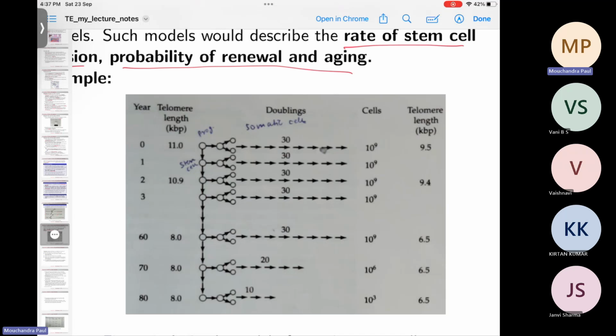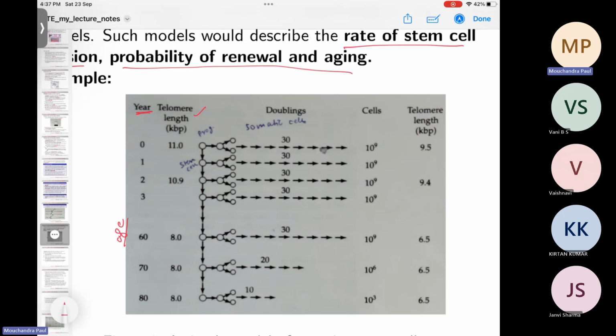so this year column is showing the age of a person. Now you can say it is completely proportional to the age of the stem cell. All right, but the telomere length is showing the length of the telomere in the stem cell before it is committing to the differentiation process.